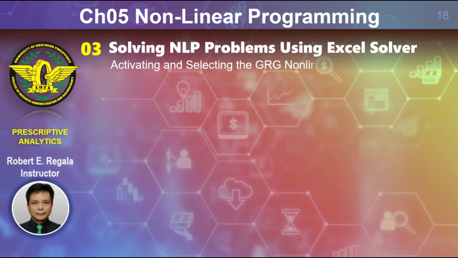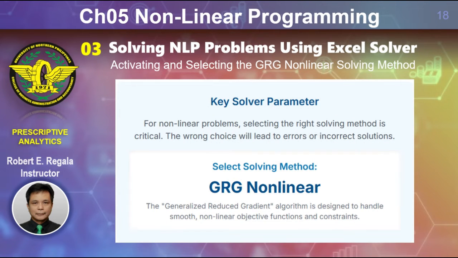Activating and selecting the GRG nonlinear solving method. For smooth nonlinear problems, those where the objective and constraint functions are continuous and differentiable, the GRG nonlinear solving method is the default and recommended engine in Excel Solver. The GRG nonlinear method employs the generalized reduced gradient algorithm, which can be conceptually understood as a nonlinear extension of the simplex method used for LP.